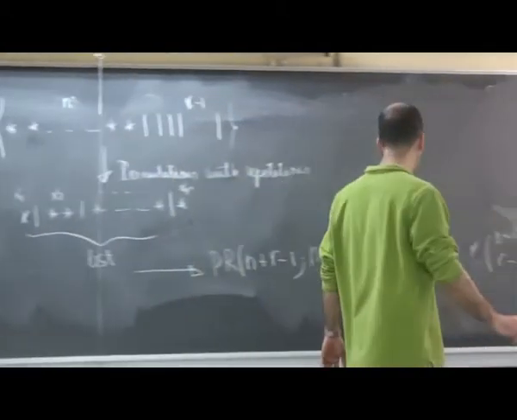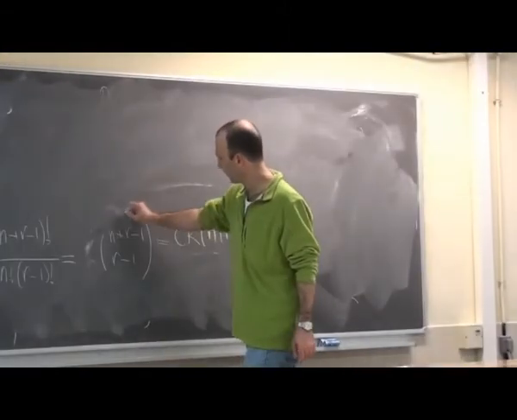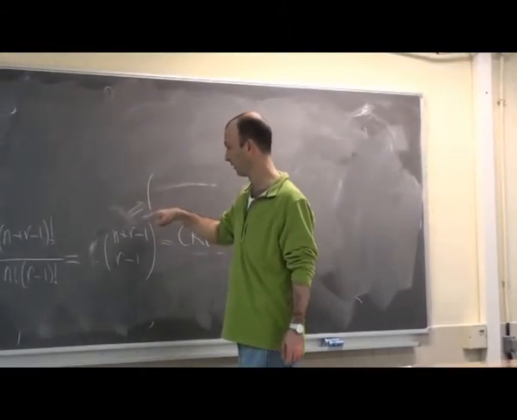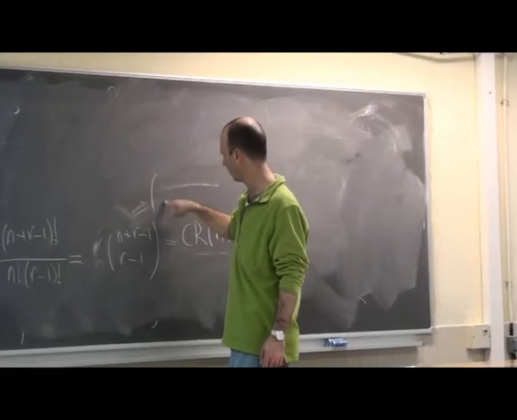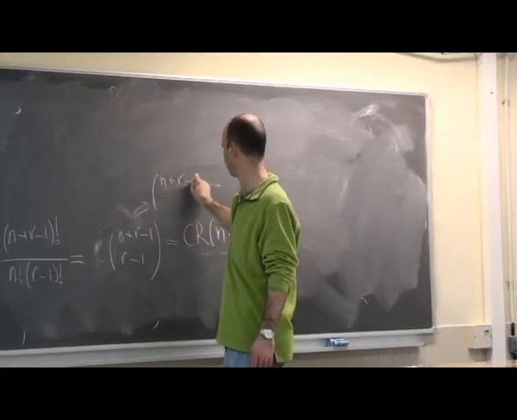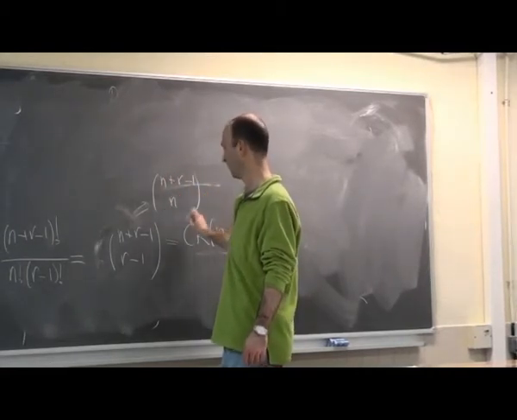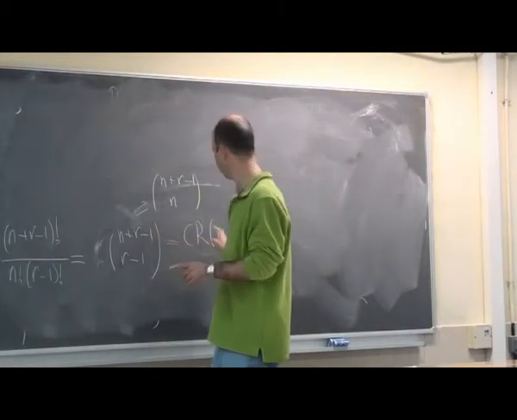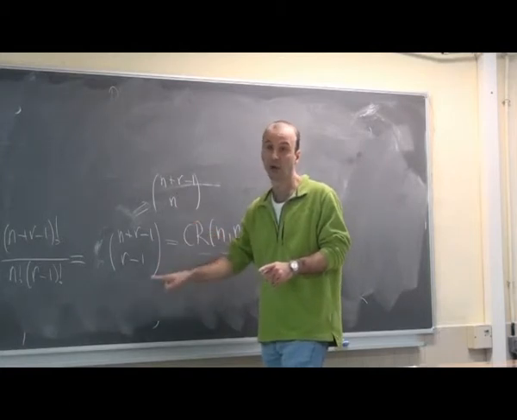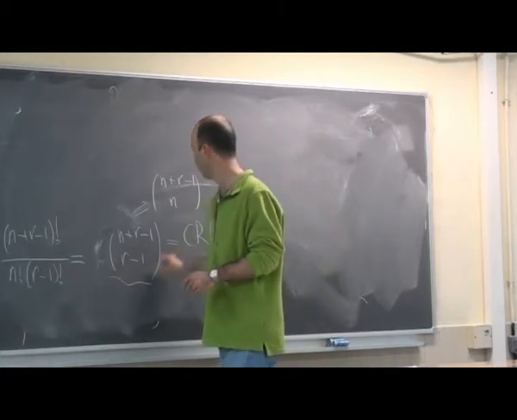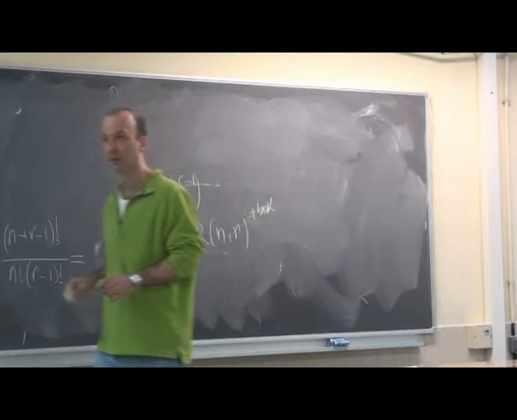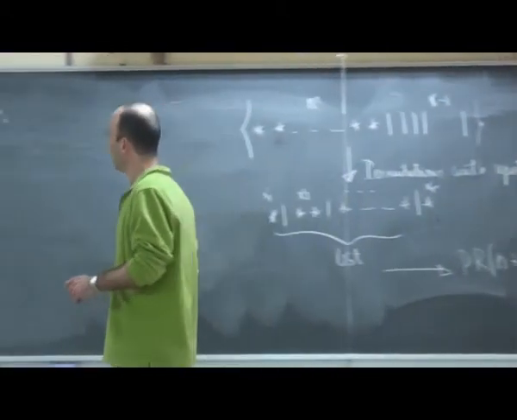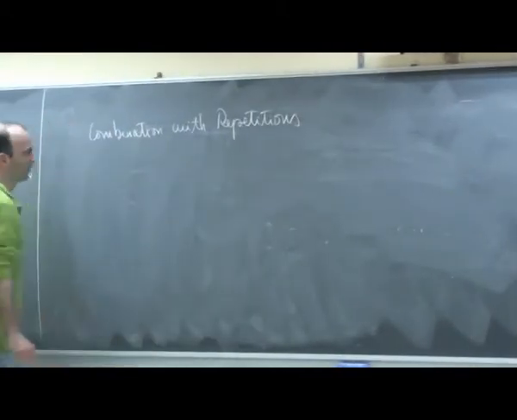Just one more thing: sometimes people define this number otherwise, but this number is also that number, because of the properties of the binomial coefficient. Sometimes you see this number defined as this or as this. I'll be using this, but I accept that one too. Just a notation matter.